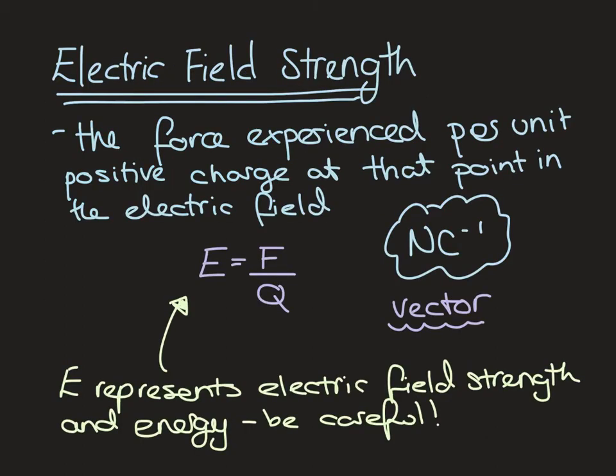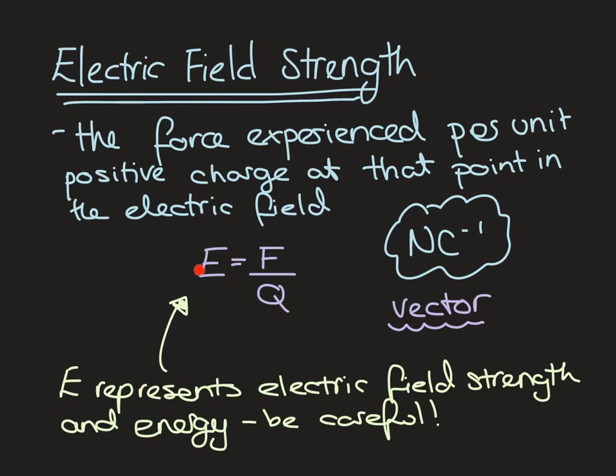So let's have a little look at electric field strength now. We're going to define it, and we're going to look at some equations. The electric field strength is the force experienced per unit of positive charge at that point in the electric field. So we've got a force per unit charge. When we write that mathematically, we've got F over Q, so force over charge.